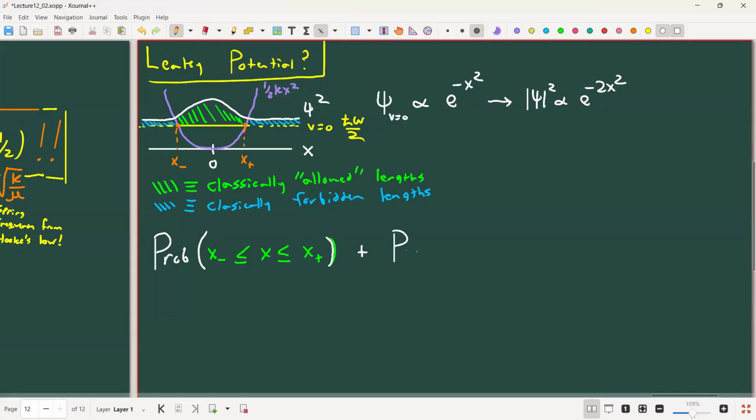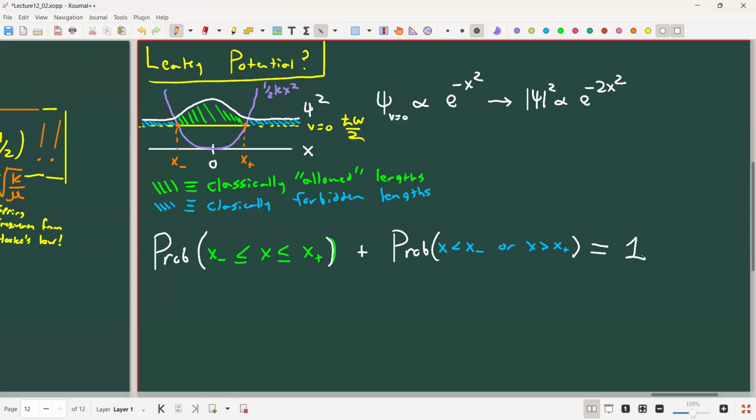So then we can add to that the probability of x less than x minus or x greater than x plus. The sum of these must be equal to 1, because that satisfies every point. This total probability has to be equal to 1 because it's normalized, and it's the sum of 2 components.